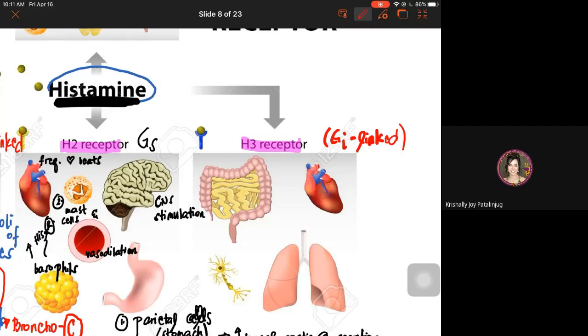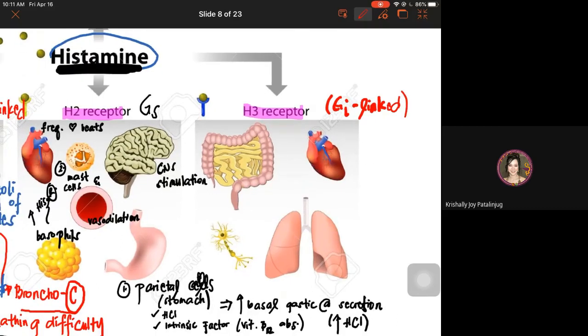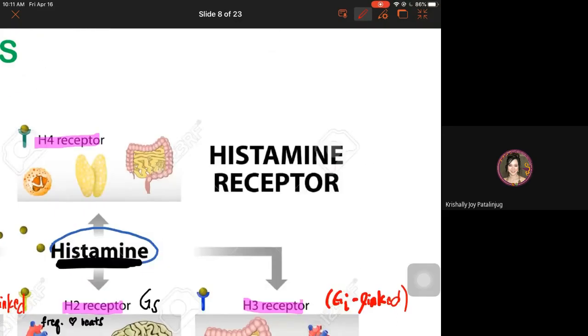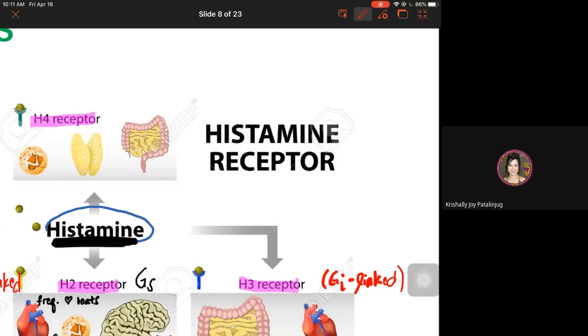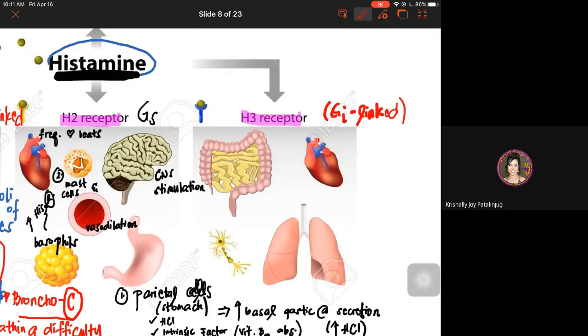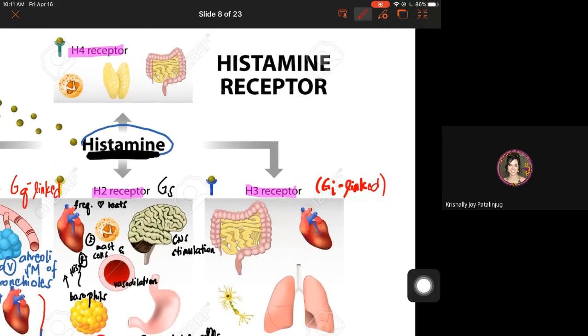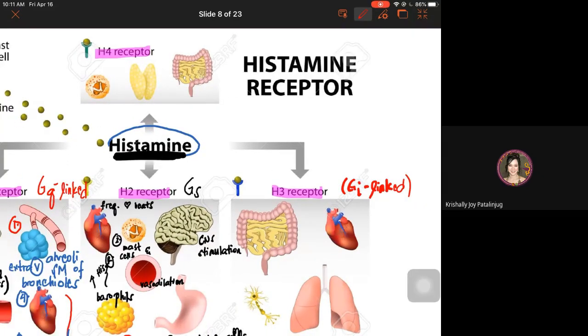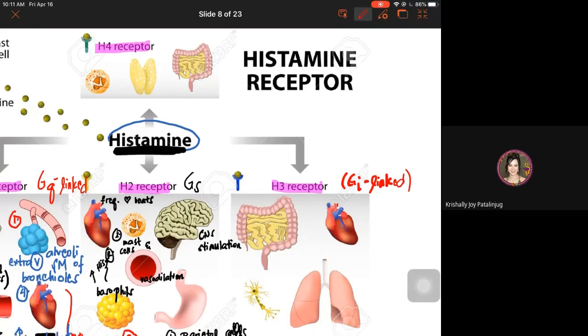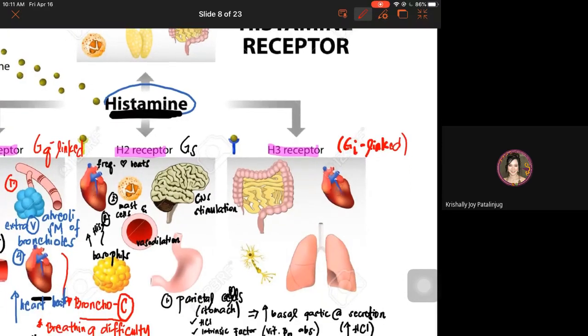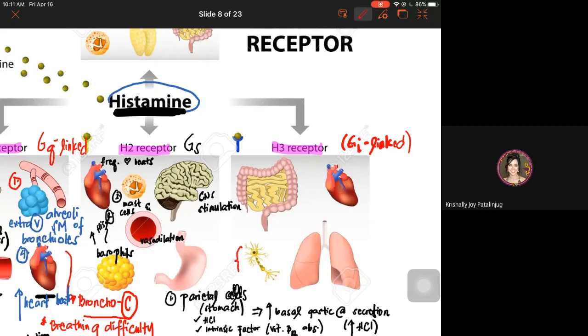Now, for the histamine 3 receptor, for its location, they are most dominantly found in the presynaptic neuron. That is why you can see it here at the bottom.